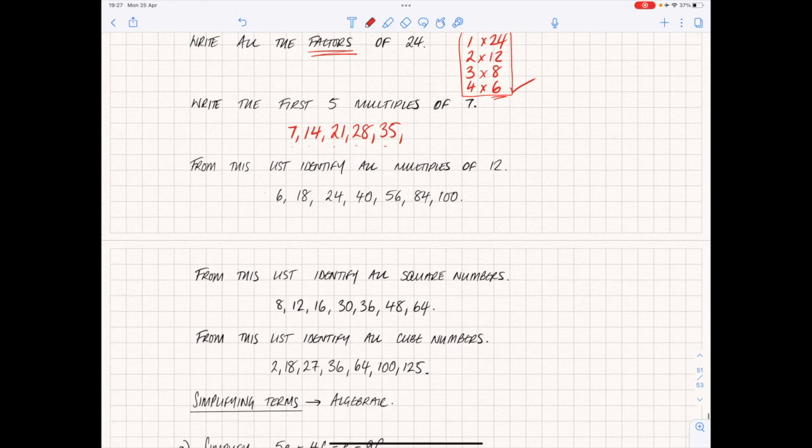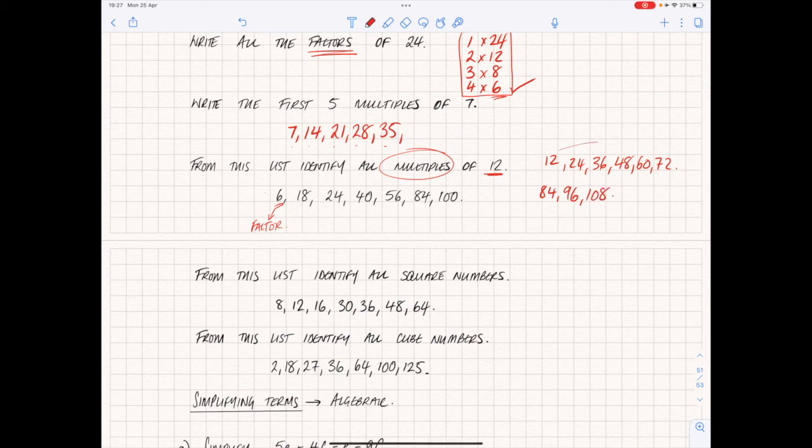From this list, identify all multiples of 12. So multiples, remember, being numbers that are in the 12 times table. 6 is not a multiple, it is a factor. So that will be put in there to confuse you. Multiples of 12: 12, 24, 36, 48, 60, 72, 84, 96, 108.